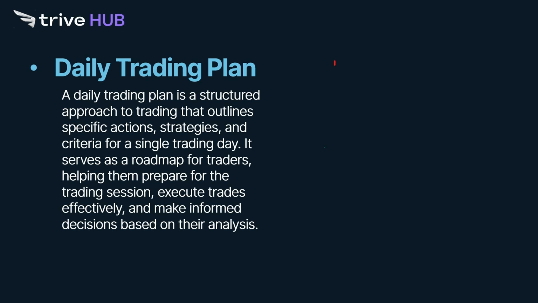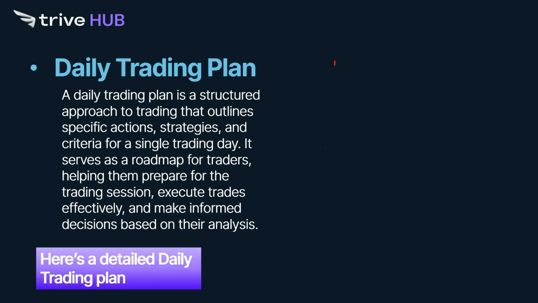A daily trading plan gives you an outline so that you do not jump from one thing to another randomly. When you write down each and everything in a structured way, then you can execute it more effectively.